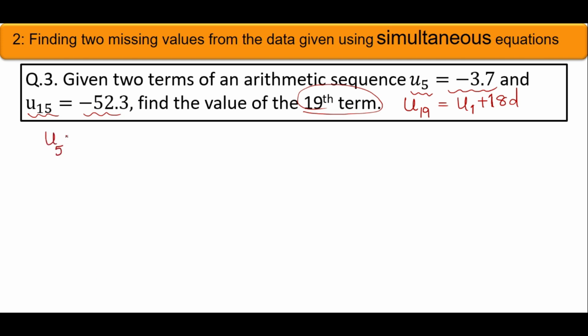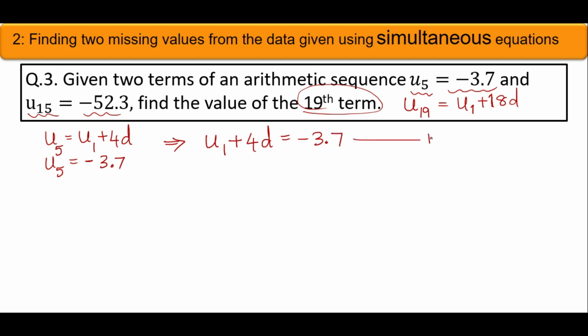U5, we know U5 is U1 plus 4D, and U5 is equal to -3.7. So my first equation will be U1 plus 4D equals -3.7. Equation 1.